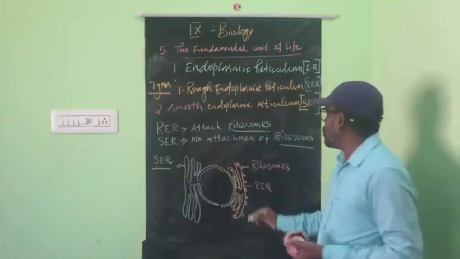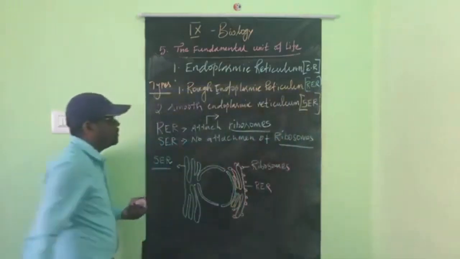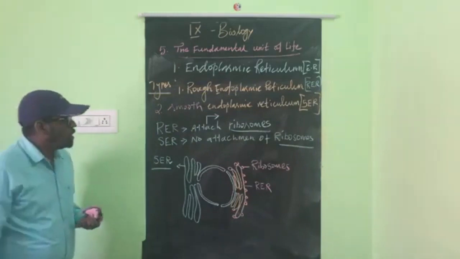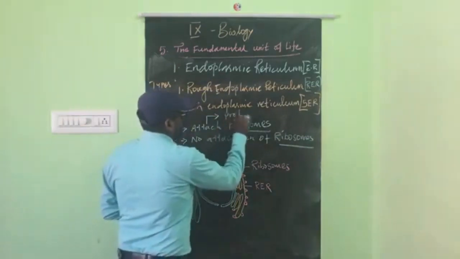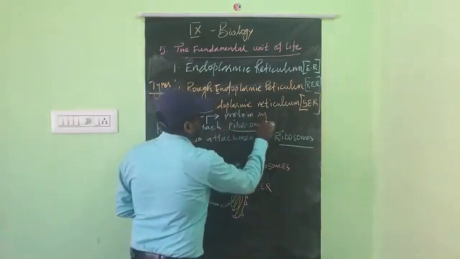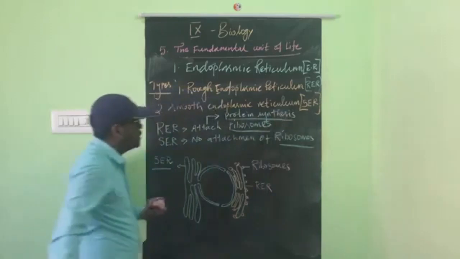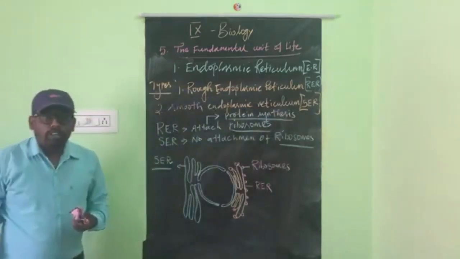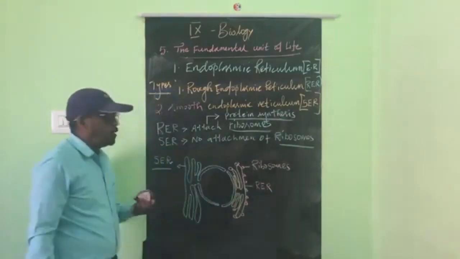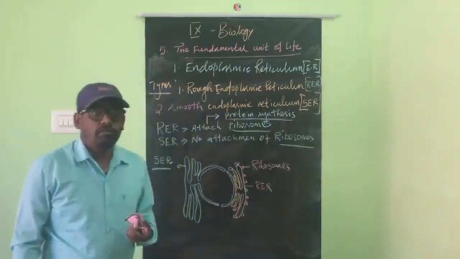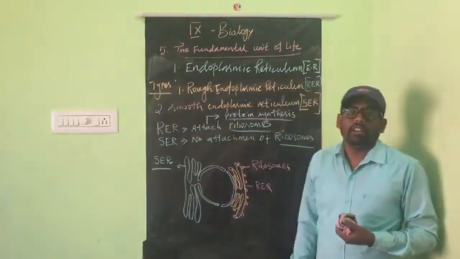Now, what is the role of rough endoplasmic reticulum? The rough endoplasmic reticulum is involved in protein synthesis. Very important one, just note it down. The ribosomes are attached to the endoplasmic reticulum, so it becomes rough in nature, so it is called rough endoplasmic reticulum.